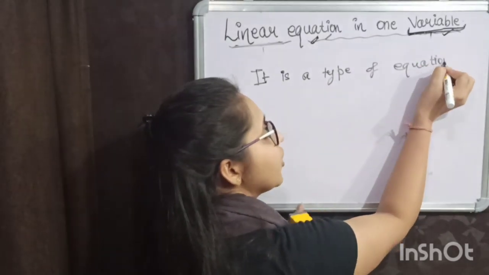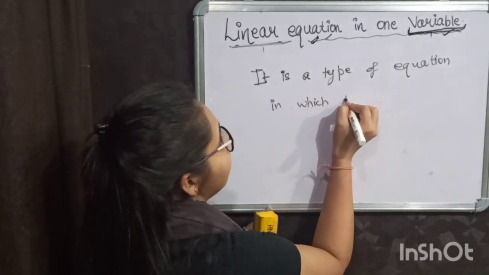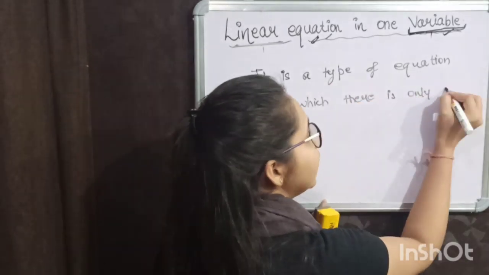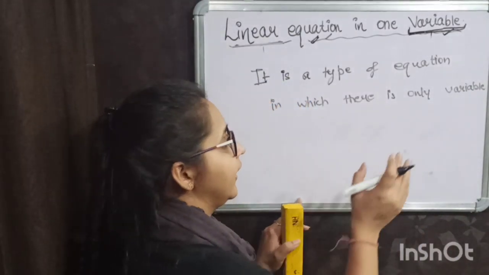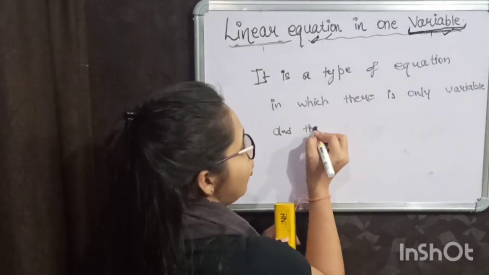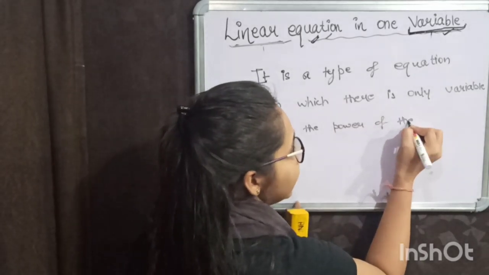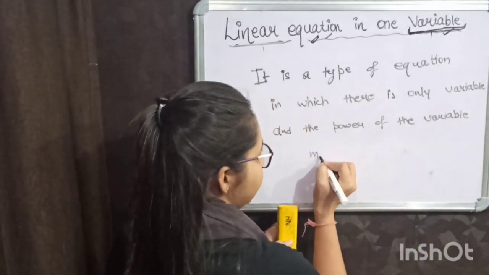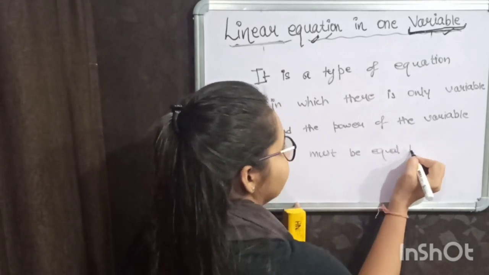It is a type of equation in which there is only one variable, maybe x, maybe y, and the power of that variable must be equal to 1.